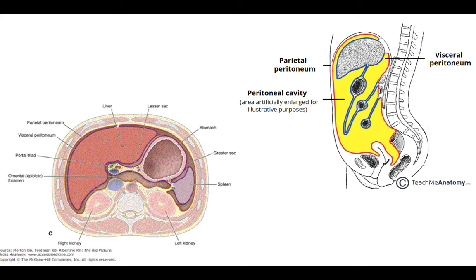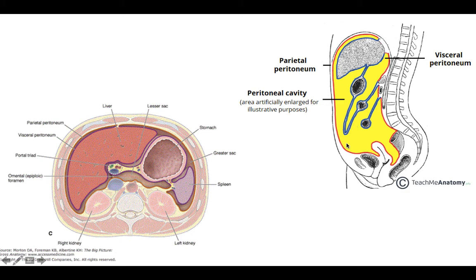Remember that we have these different serous membranes. For the heart, we have the double layer serous membrane called the pericardium, right? Then we have the double layer serous membrane around the lungs called the pleura. For the abdominal cavity, it's going to be the peritoneum, okay?